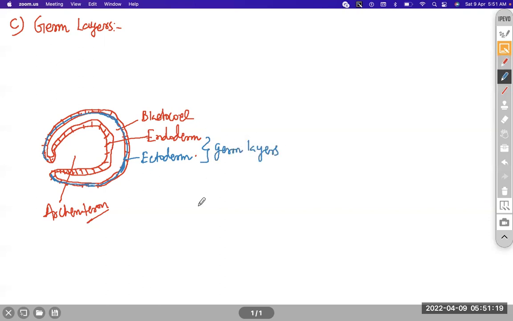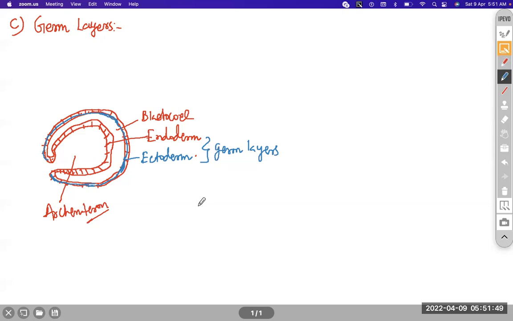These are germ layers, endoderm and ectoderm. आपको पता ही होगा, कई बार डिस्कस कर चुके हैं कि animals of phyla Cnidaria and Ctenophora are made up of only two germ layers: ectoderm, which forms the outer covering of the animal, and the endoderm, which is the inner layer and is also called gastroderm.